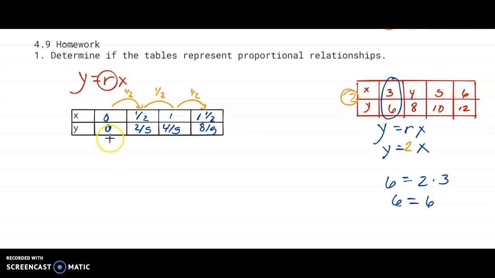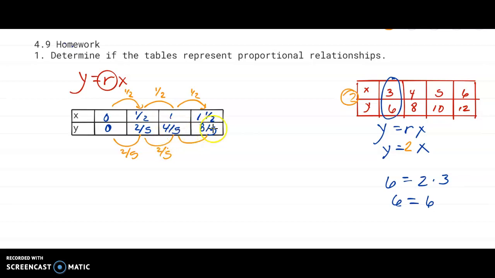So let's look at the bottom numbers now. Now they don't have to also increase by 1/2, but they have to increase by the same amount. So from 0 to 2/5, I'm adding 2/5. And from 2/5 to 4/5, well, 2 plus 2 is 4, so I added 2/5 again. So it's increasing the same amount. But then look what happened here.